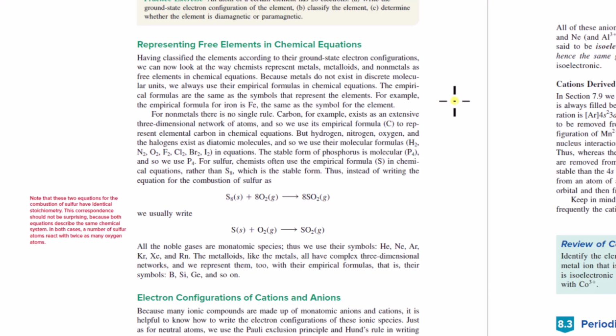And again, if it's a metal, then you just put the empirical formula of the elemental metal, which is just the element symbol itself with a subscript 1. Iron is just a three-dimensional array of iron in this big crystal form. There is no discrete unit of iron molecules, so you just put the empirical formula, the smallest integer value. So that's metals. Metals do not exist in discrete molecular units, so we always use their empirical formula.